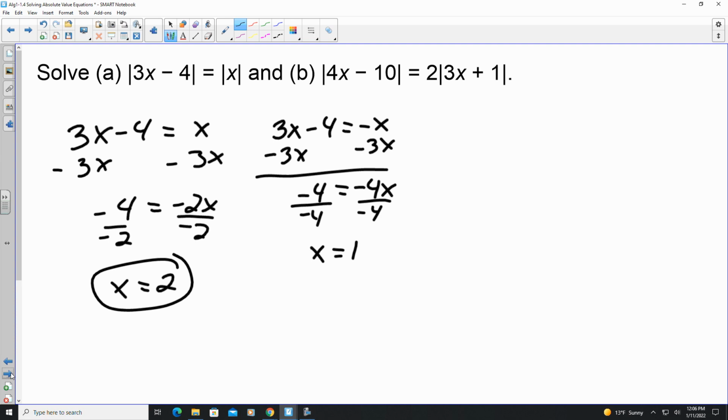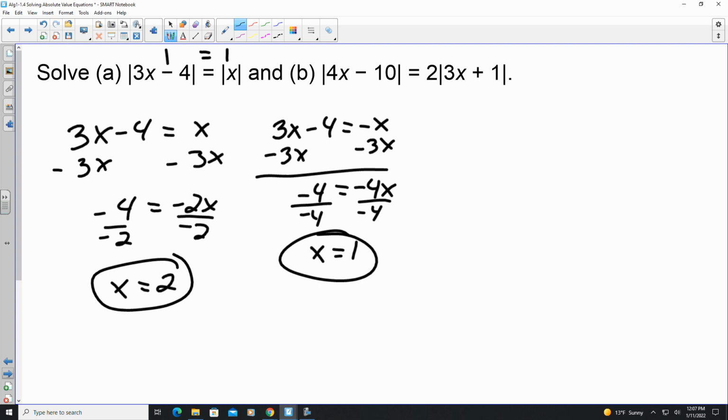Absolute value of -1 is 1. And I have 1 here, absolute value 1 is 1. Does 1 equal 1? The answer is yes. So in this particular situation, both answers hold true, so both answers work. So x is 2 and x is 1 both hold up in the original equation.